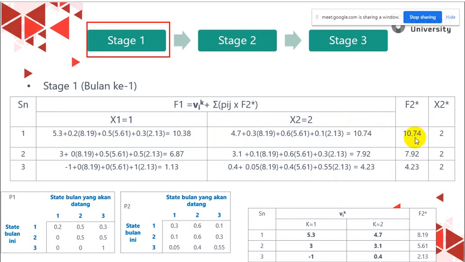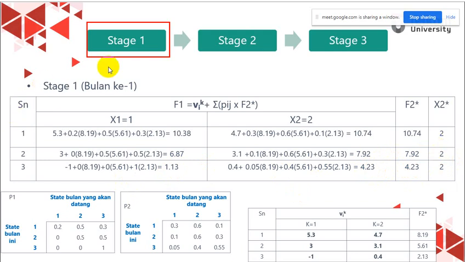Okay, 10.74 is higher between this number and the condition is 2. And between this number, the higher is 7.92 and the decision will be 2. Yeah, the decision is 2, and then between these two, the better revenue is 4.23, and then the decision is 2 again.